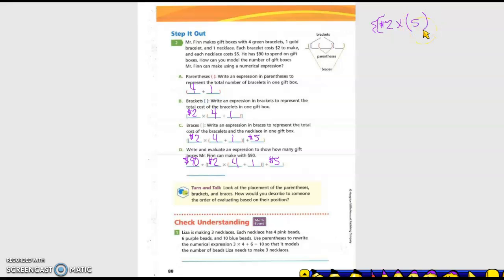In the parentheses, in the bracket, plus $5. And then our braces. Okay. All right. So what do we need to do next? We did our parentheses. We need to do our bracket next, right? Okay. So I have my brace. Okay. And what is 2 times 5?